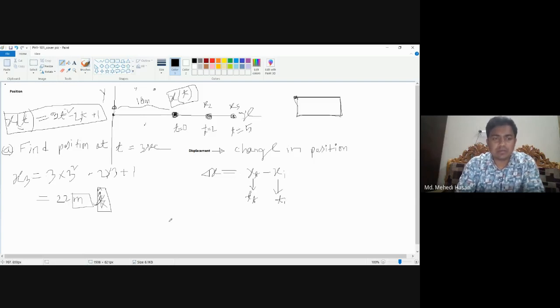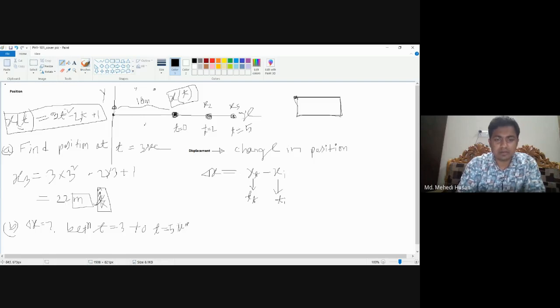Now if the question is given like that, question B: find the displacement del x between t equal to 3 second and t equal to 5 second.